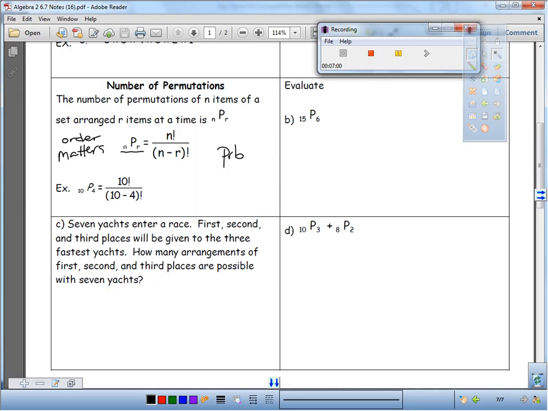Very good. So for permutation, it's when we care about the order in which we're picked. If it doesn't matter, like we're all going to win the same thing, then that would not be a permutation. I don't care if I get chosen first or third, I get the $100. But for permutations, we will use where order matters.